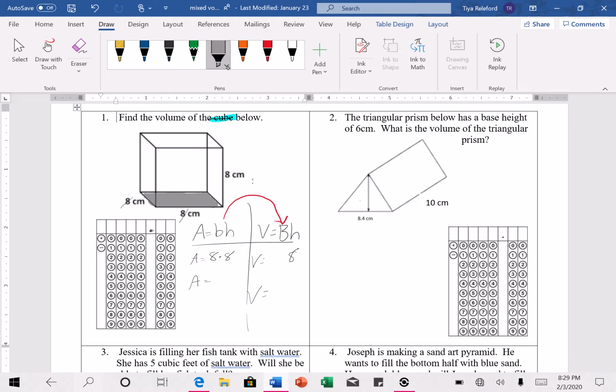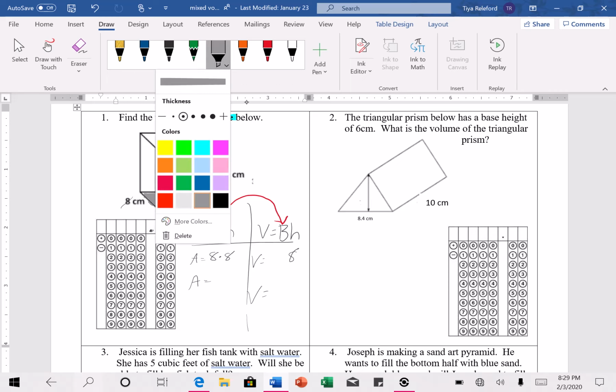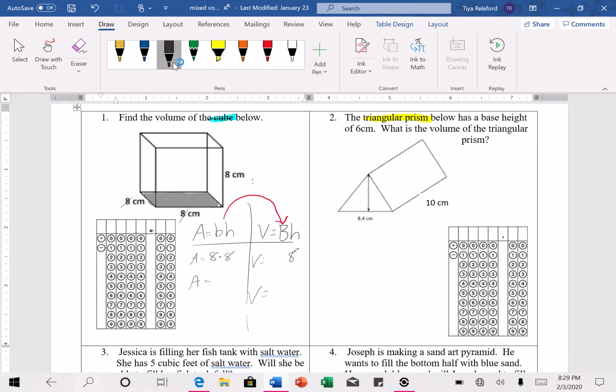Number 2, keywords: triangular prism. You need a triangle formula and a prism formula. What is the shape of the base on a triangular prism? Right? It's a triangle.